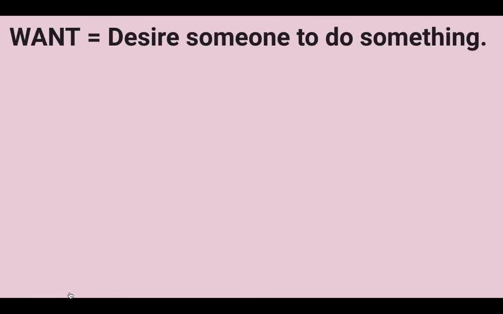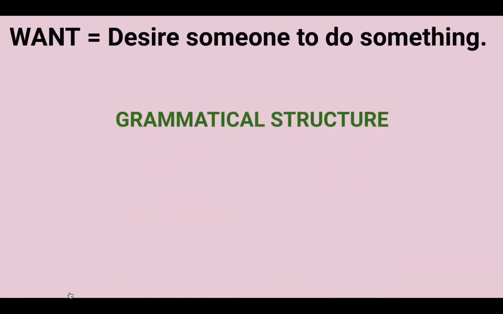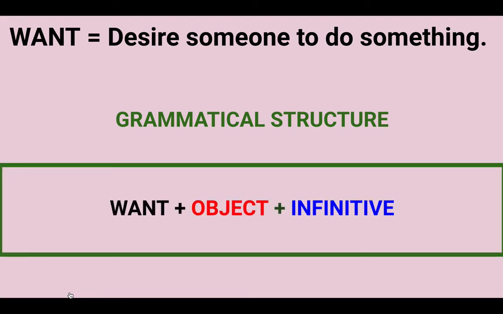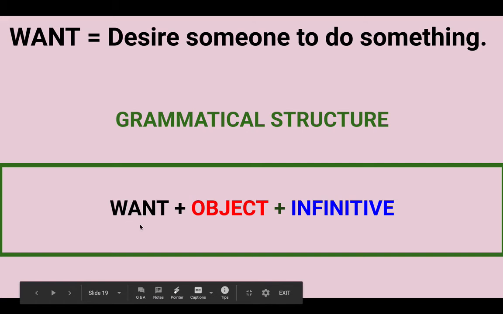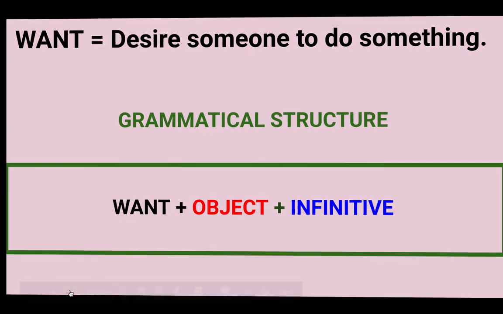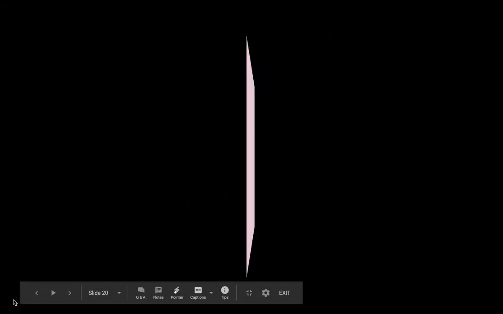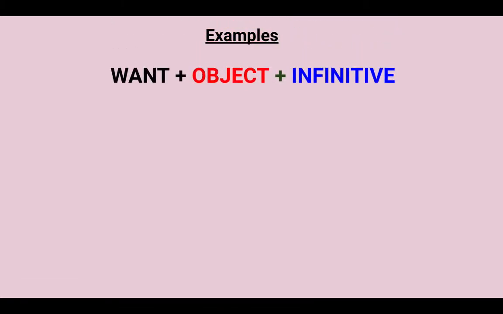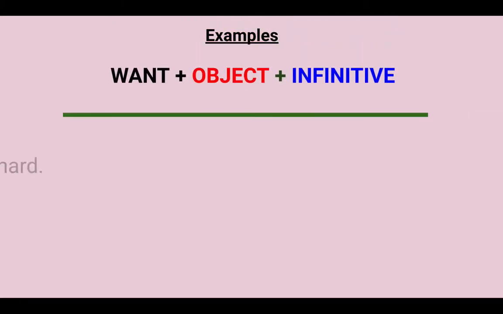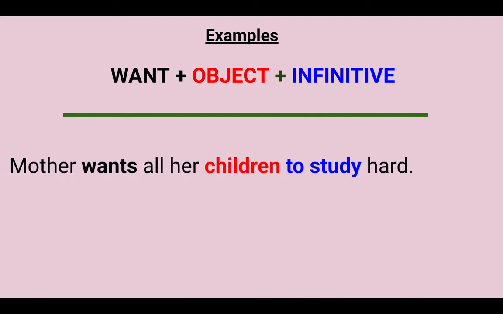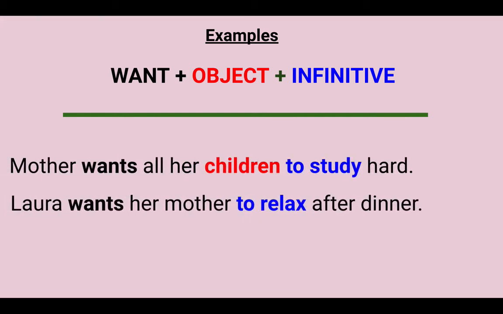Okay, our next verb is want, to desire someone to do something that you don't desire to do. And again, the form is causative verb want plus object plus infinitive. And a couple of examples. Mother wants all her children to study hard.